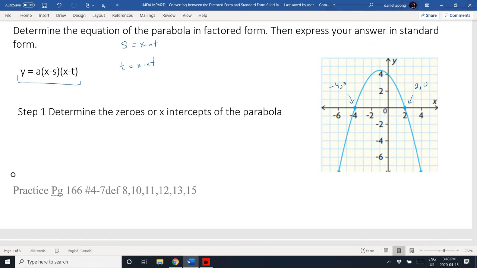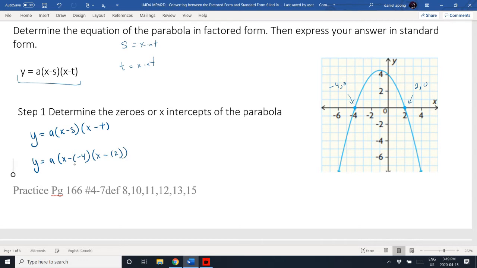So let's plug those into our equation here. So we have y is equal to a bracket x minus s bracket x minus t, and we're going to plug those values in for our intercepts, negative 4 and 2. And so we'll say y is equal to a bracket x minus s, which we'll say is negative 4, and then t we said was 2.